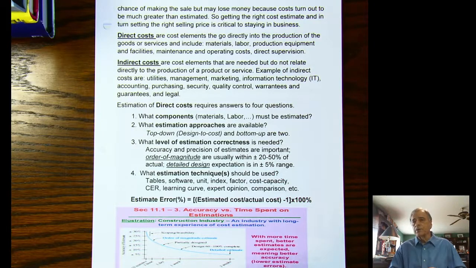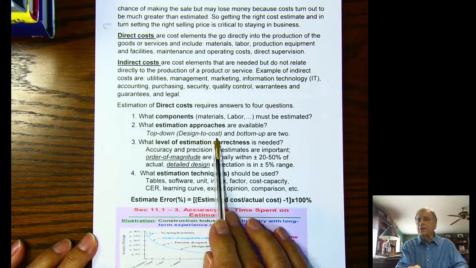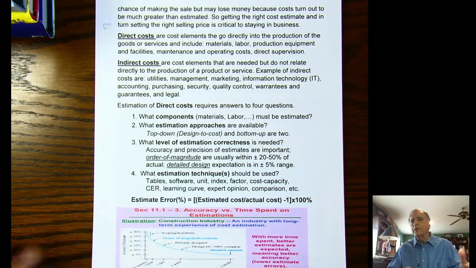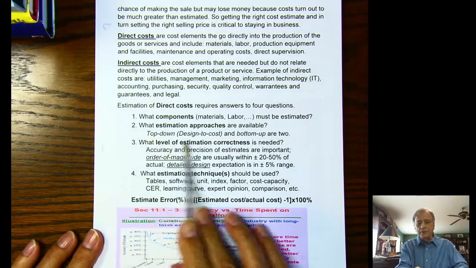So that was part of what we call design to cost. So you would then come up with design parameters so that the product could meet those required costs. That would be a top-down approach.